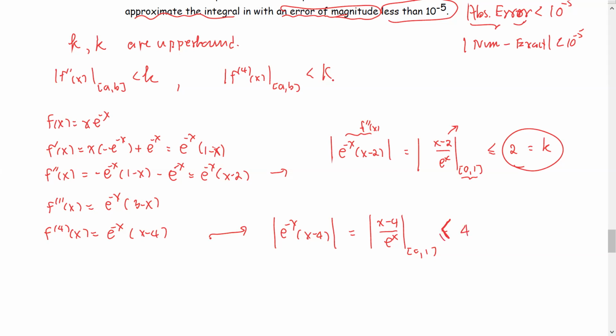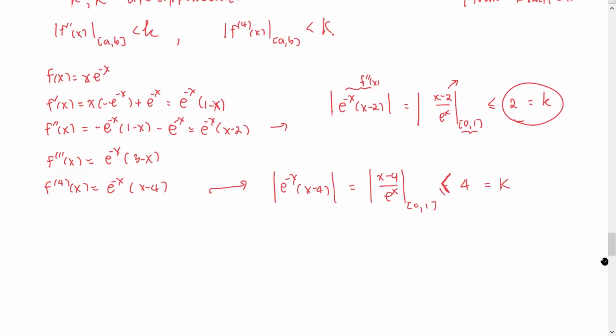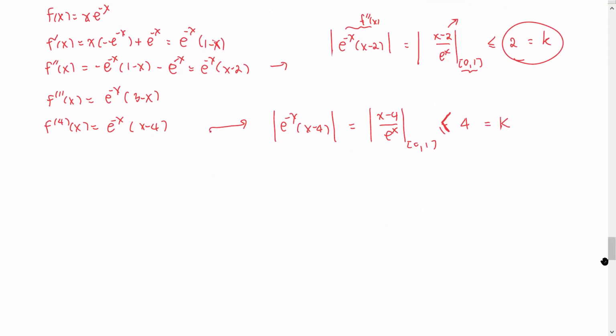If you check the value at 1, 1 times e to the first in the absolute value, the result is going to be less than 4. So the upper bound is 4.